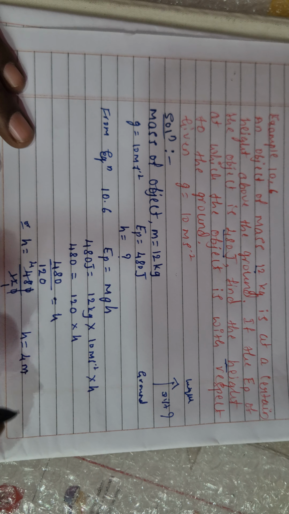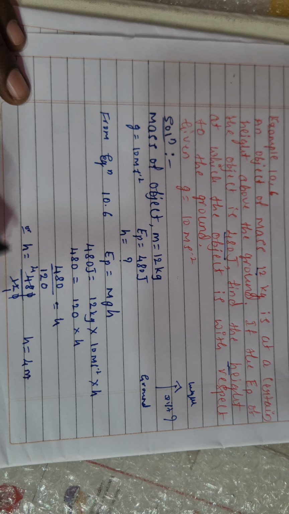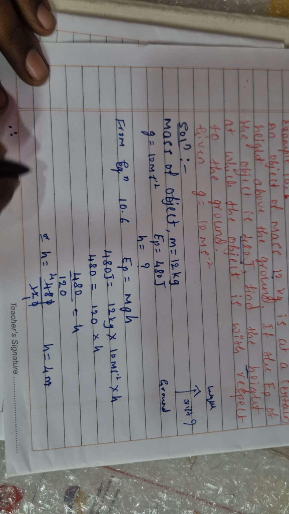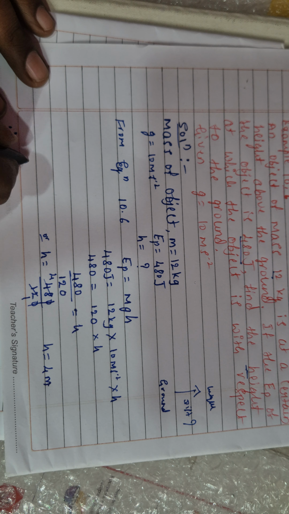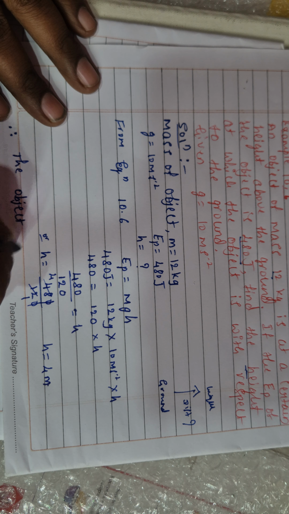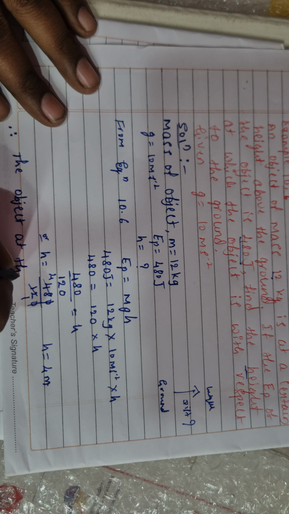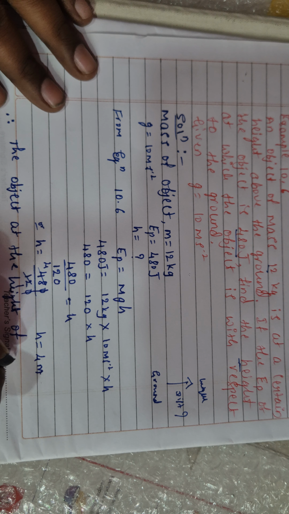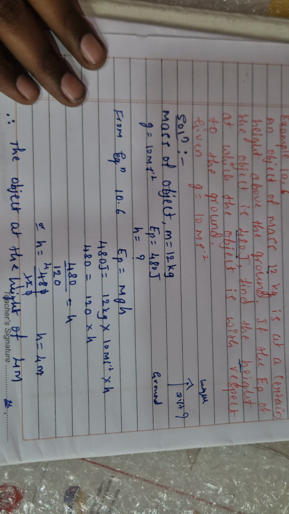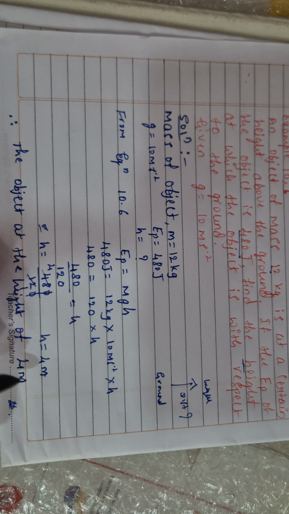So height h is equal to 4 meters. Now we write the conclusion, which is very simple. The object is at a height of 4 meters.